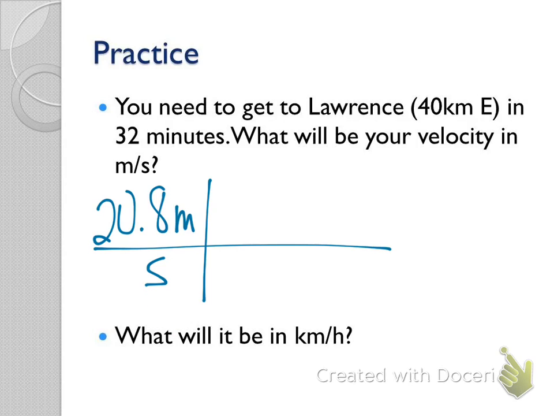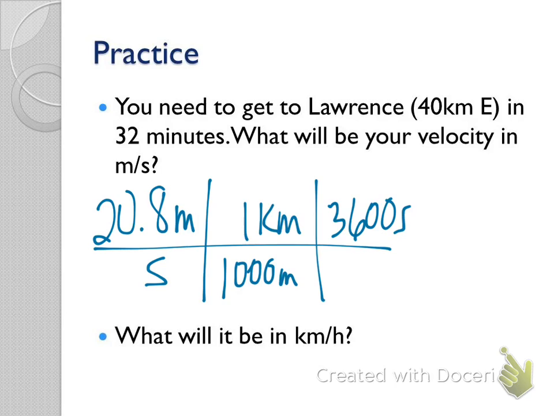All right, so let's go from meters per second to kilometers per hour. So we know there's 1,000 meters in 1 kilometer. We know there's 3,600 seconds in 1 hour. Should get about 60 something.